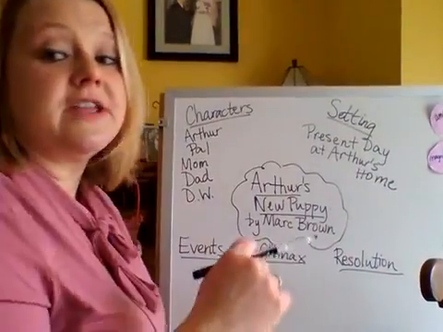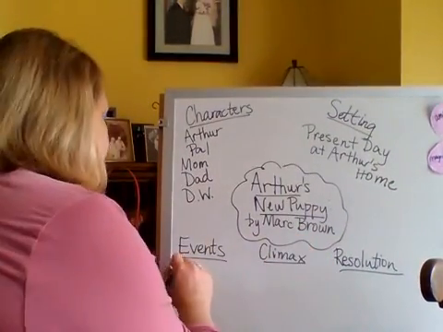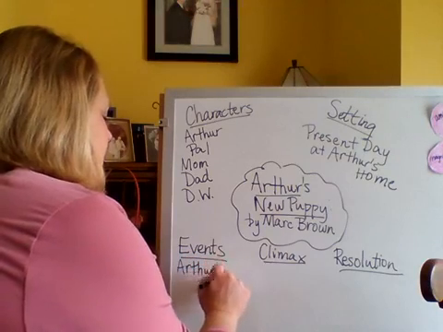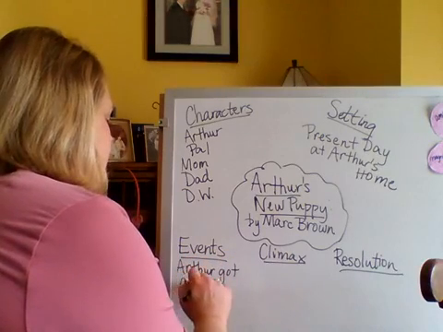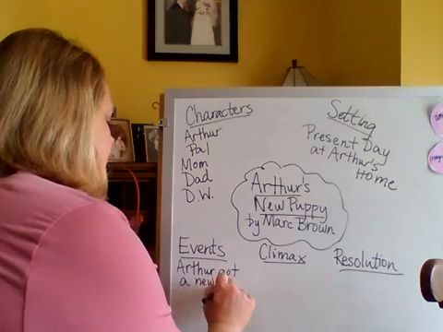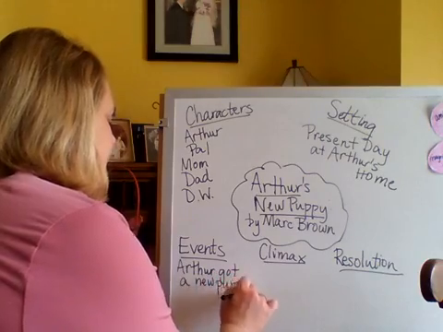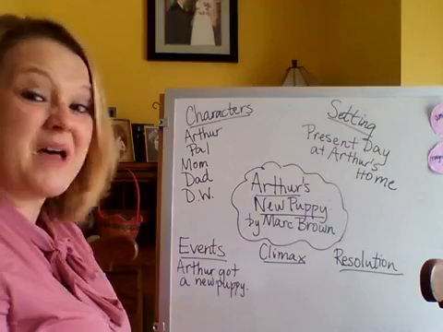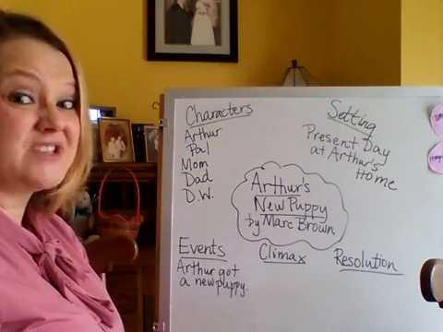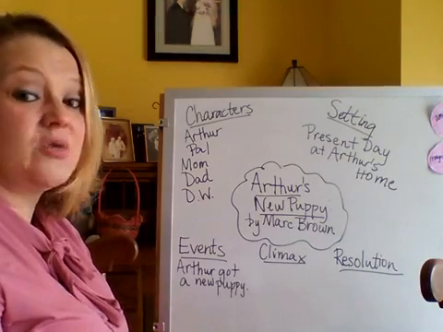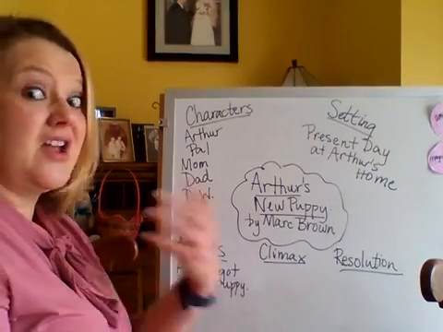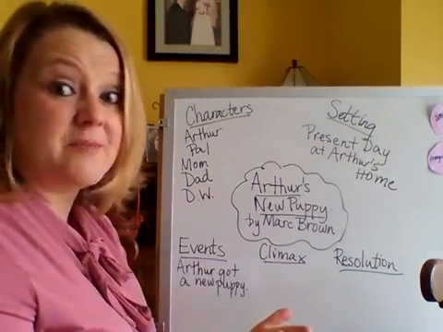So my first events, we can say Arthur got a new puppy. And think about how the puppy was acting. Was the puppy very well behaved? Not at all. So I would say Arthur got a new puppy, and then there are issues with training the puppy.